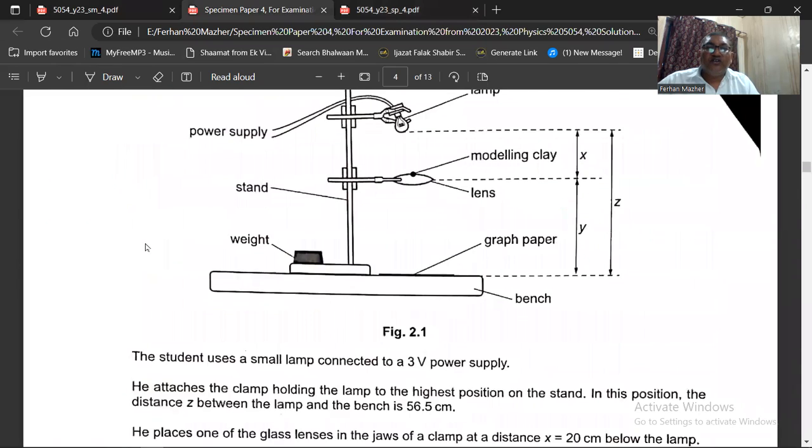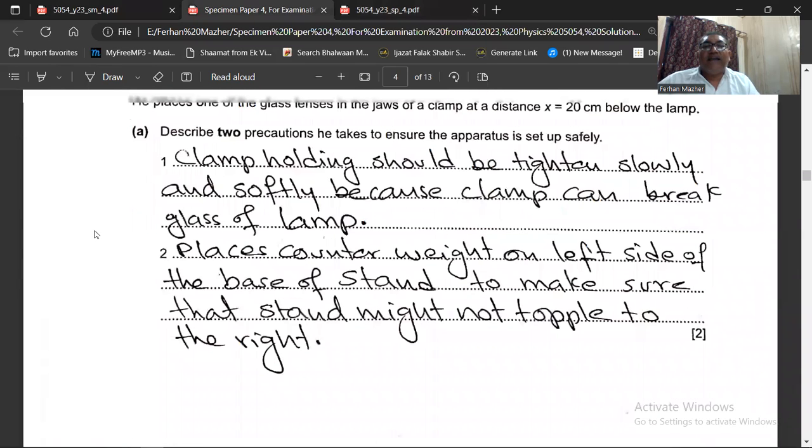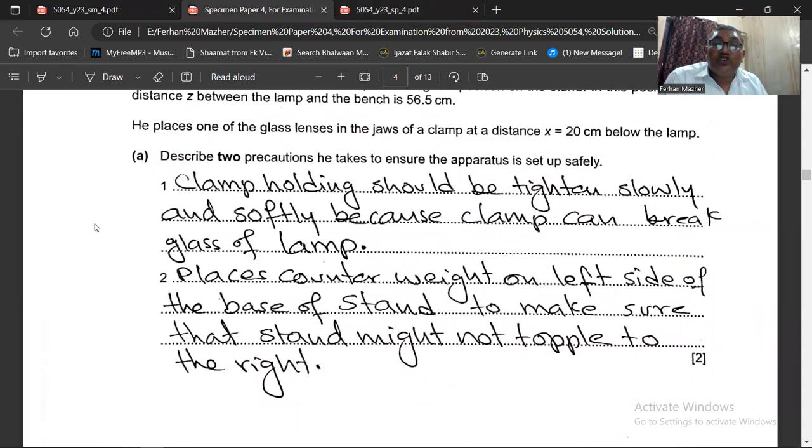Okay, so my answers are: the clamp holding the lamp should be tightened slowly and softly, because clamp can break glass of lamp.